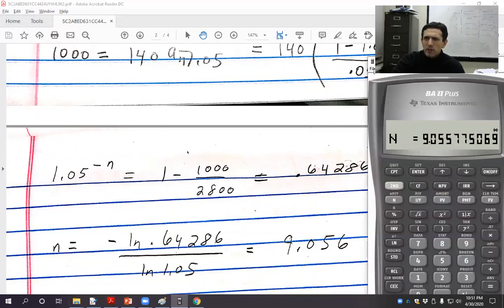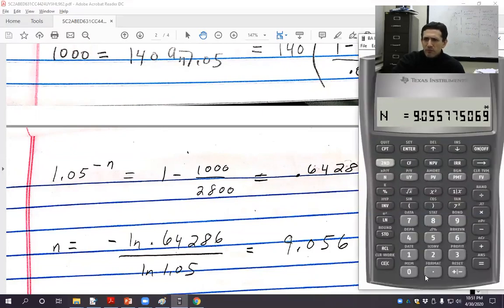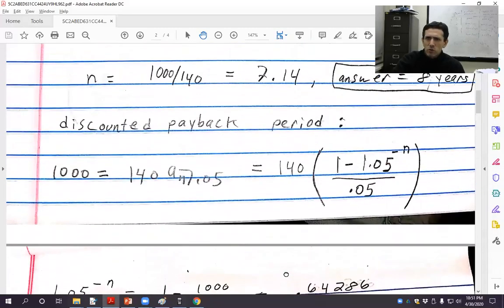You would do 0.64286 ln, make that minus, over 1.05 ln, which gives 9.0556.